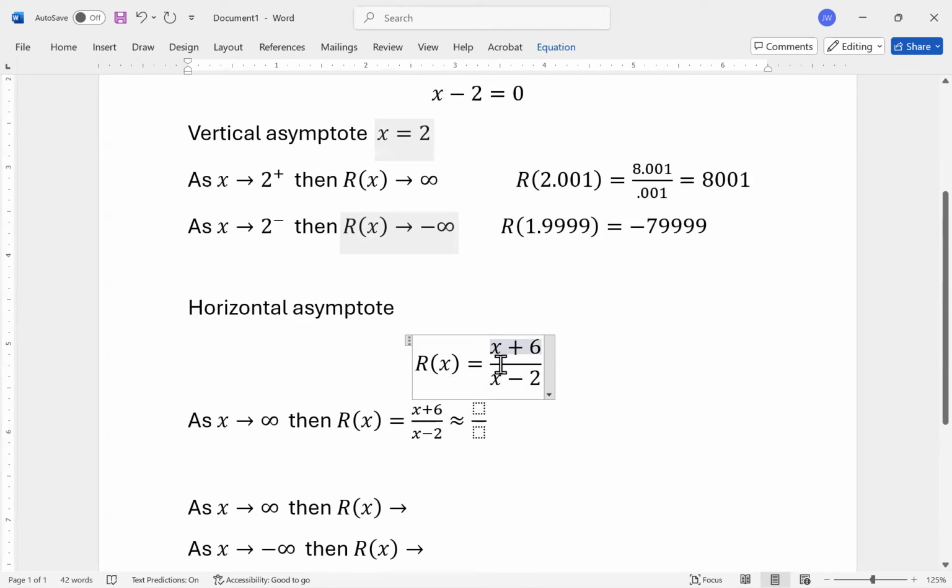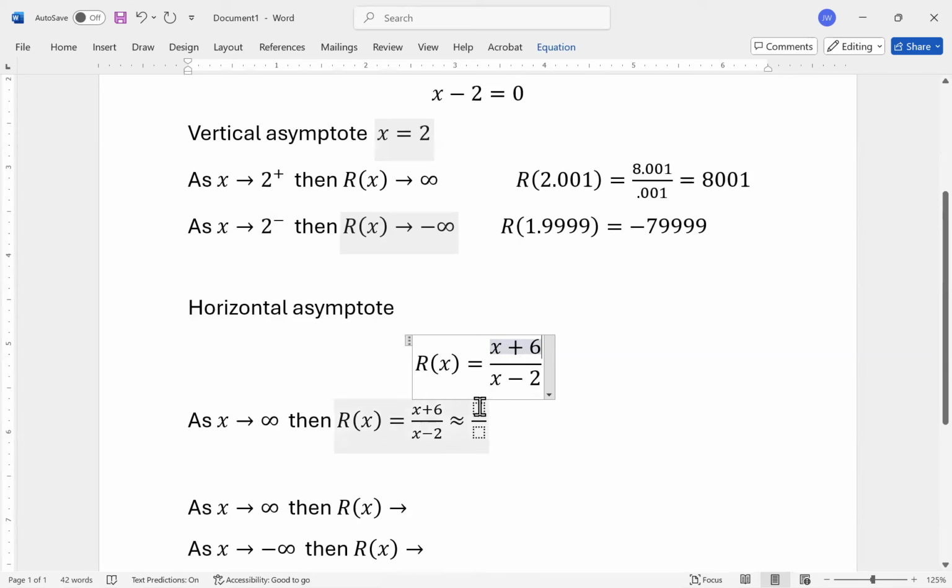So when x gets really, really, really big, like if x gets towards a million, plus 6 is not that much different than just a million. And if we get to like 10 billion plus 6, the plus 6 doesn't account for very much. The same thing with this minus 2. The minus 2 is standing still and the x is growing.